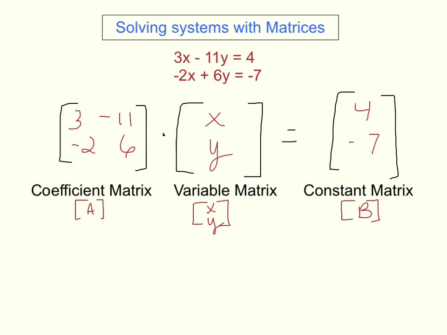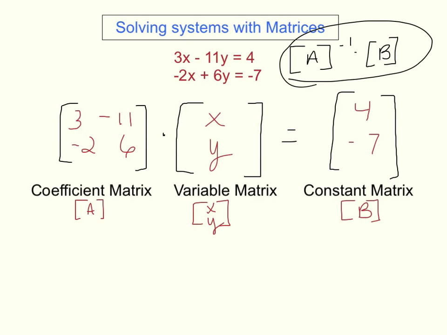But when you enter in the calculator, you're always going to have to enter matrix A to the -1 times matrix B. Okay, that will give you our variable matrix x and y. It'll give you a number here for both of these variables. Do not forget that -1. It's very important. I'm going to show you here where it comes from. Just don't forget to always enter that in with the A.